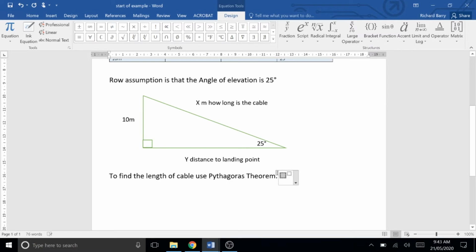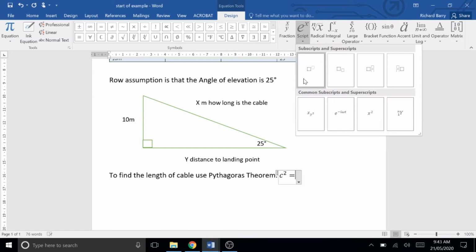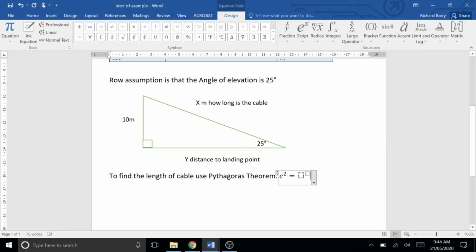So c squared equals a squared, little arrow, plus b squared.